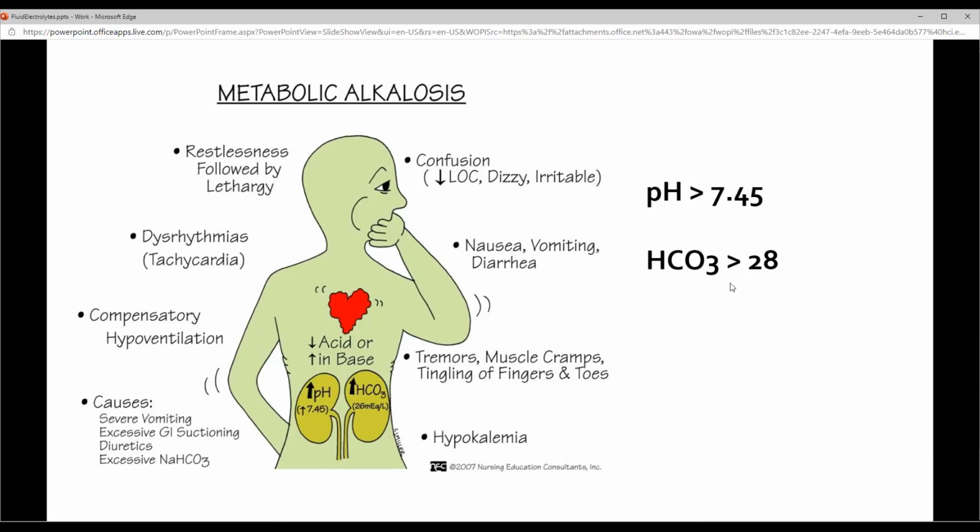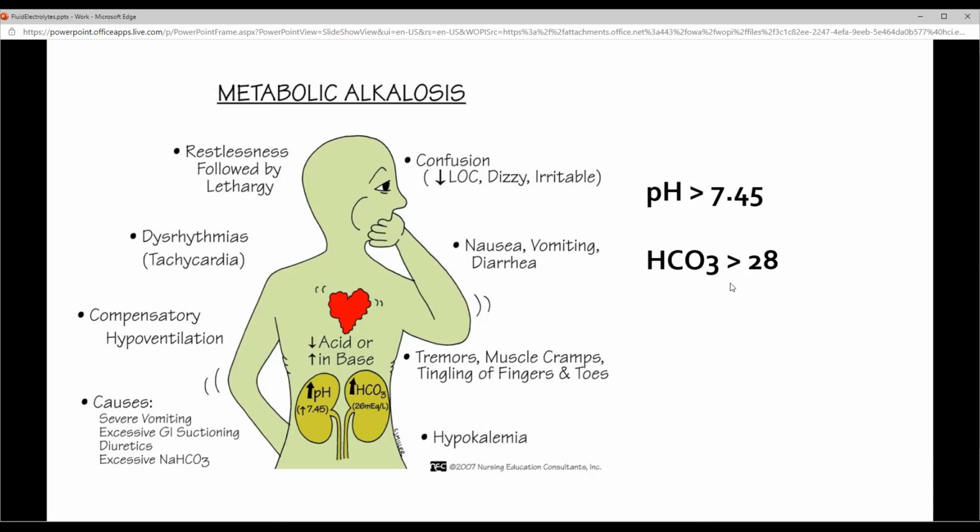Causes would be anything that's going to reduce the metabolic acid, especially GI suction. When you put that NG tube in and you're sucking out all the gastric acid, now they're going to be at risk for metabolic alkalosis. Anything that will cause excessive bicarb, like taking sodium bicarb.